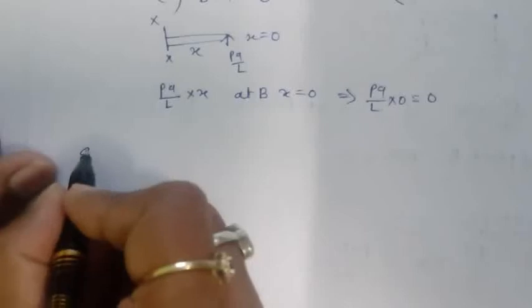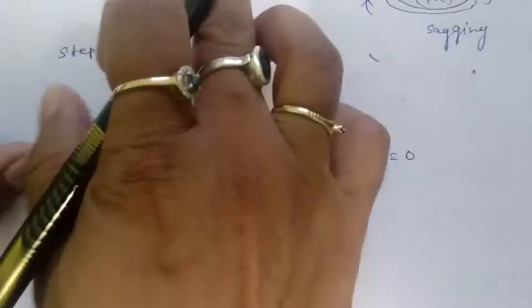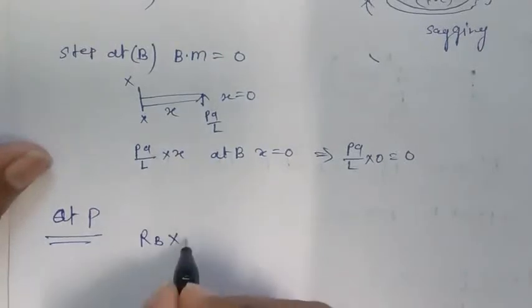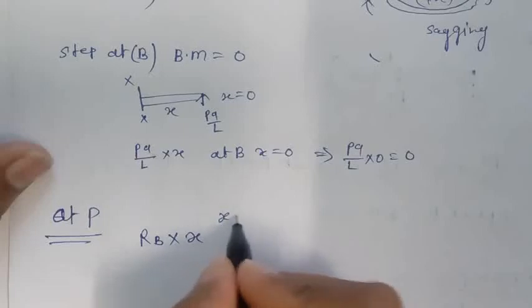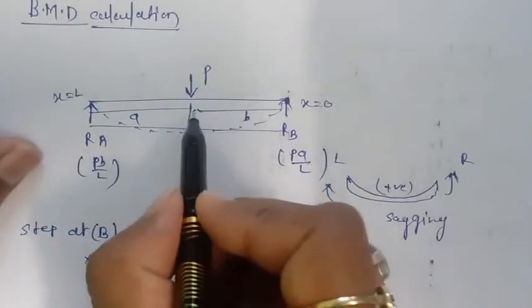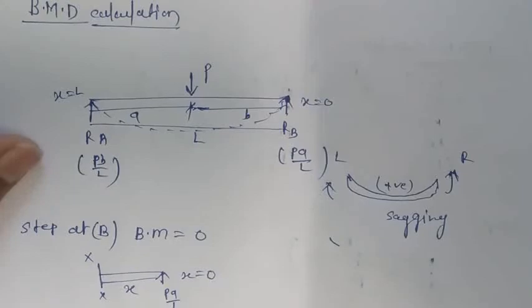Now at P, what will be there? If you see at P, this is nothing but RB into x. So x equal to B, if I take this distance up to here, this length is B. So x equal to 0 at B, it's 0.